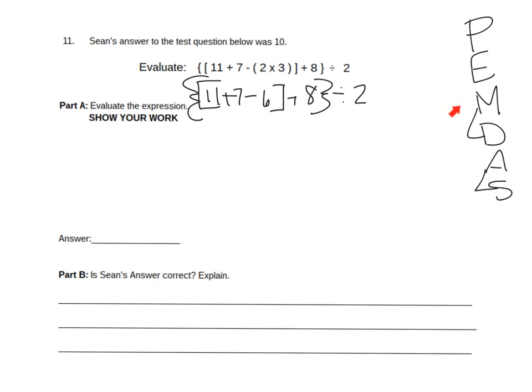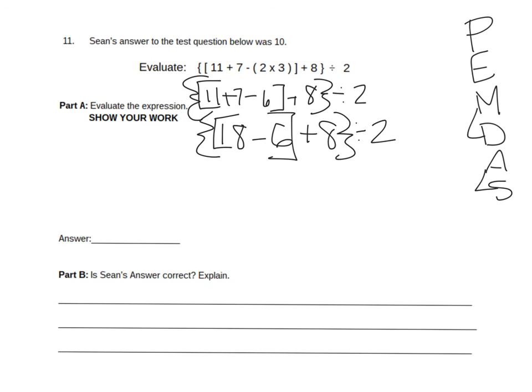No. Do we need to multiply and divide from left to right? No. So we need to add and subtract from left to right. 11 plus 7 is 18. I'm going to write everything else down just the way it is. Now, I'm continuing on with adding and subtracting from left to right within this bracket. 18 minus 6 is 12. Okay, now those brackets are gone.